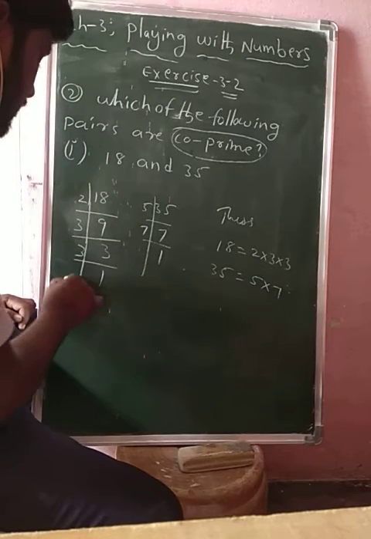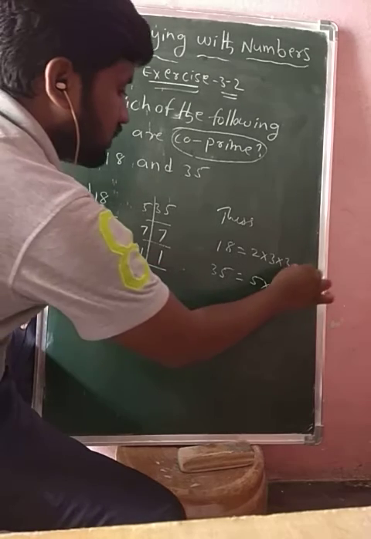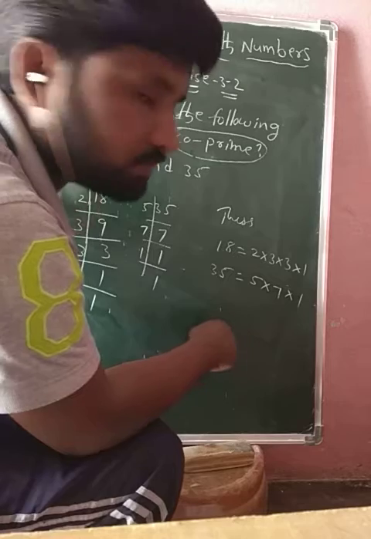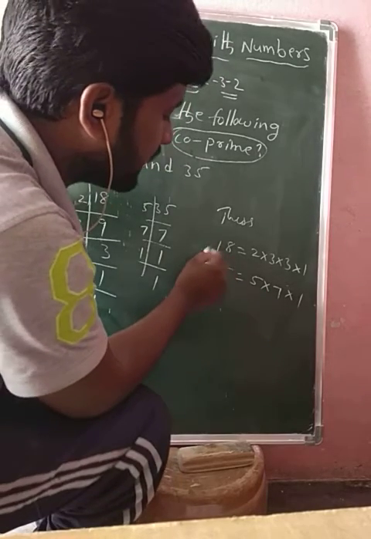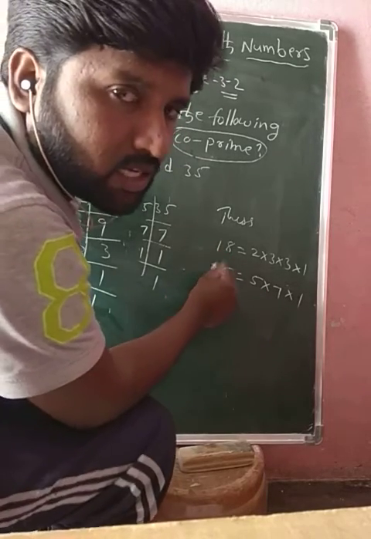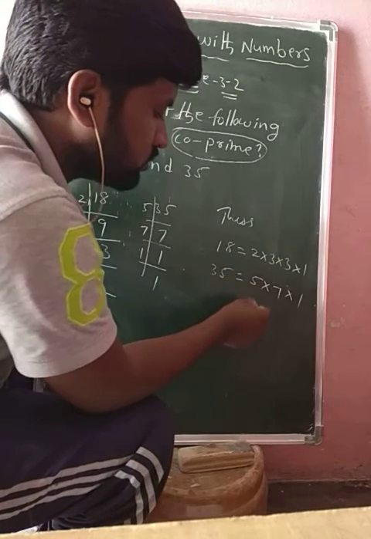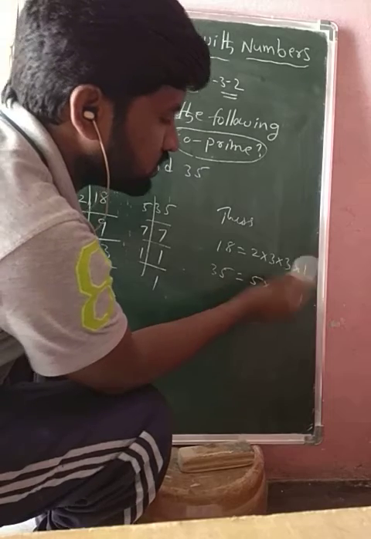Here the last 1 is there, so you can write 1 1s are, here also 1 1s are, into 1. Then just see, is there any common factor for both 18 and 35? Here 2, there is no 2; here 5, there is no 5; here 3, there is no 3; here 7, there is no 7.